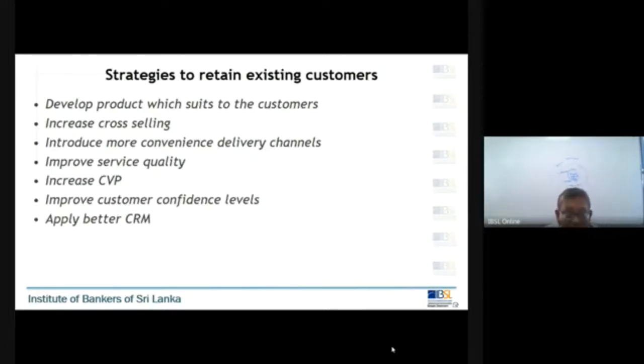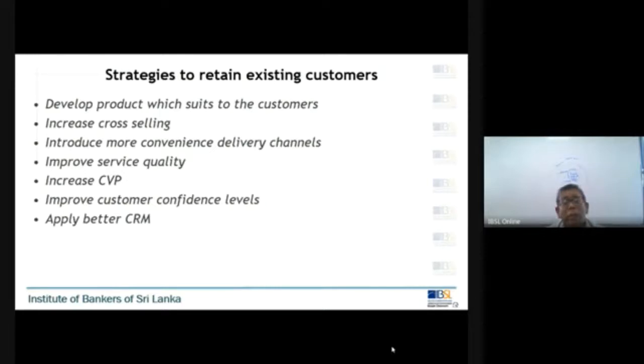So you are not offering an attractive interest rate. You are charging a higher interest rate for your lending products. One reason is economic factors, which means your money, your salary. Your interest rates are not good, right?